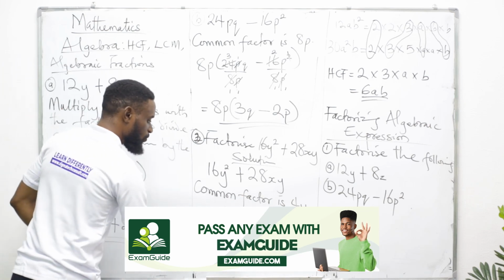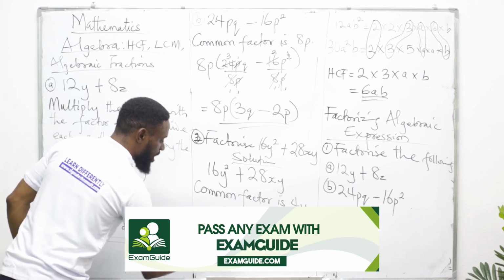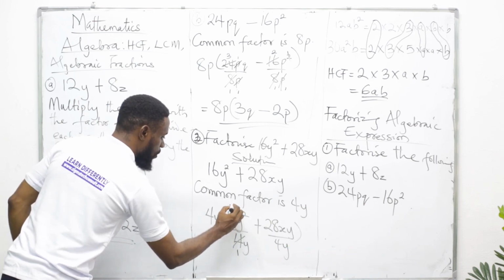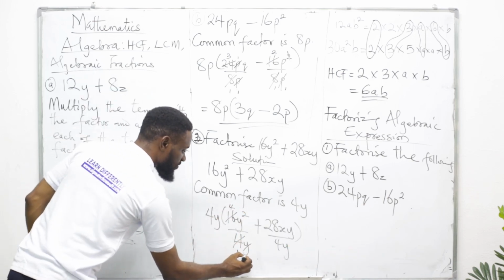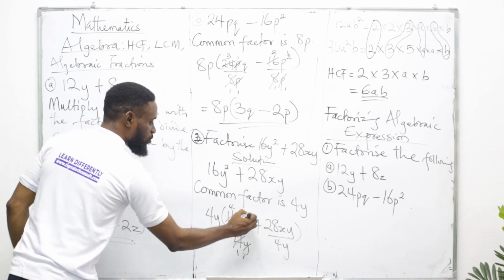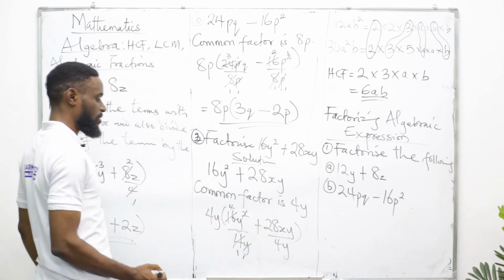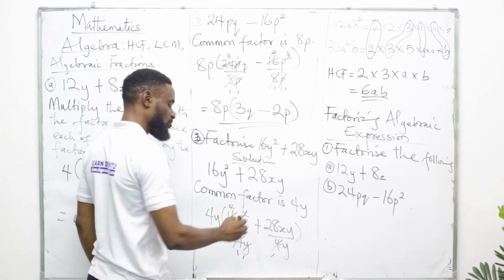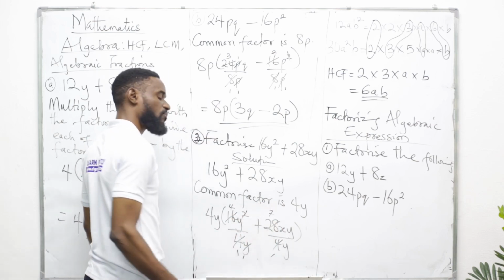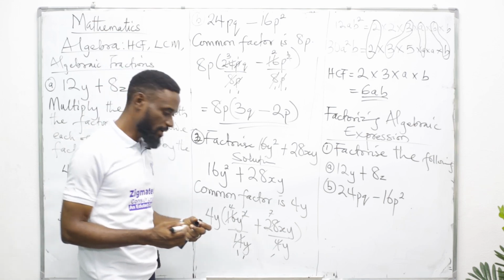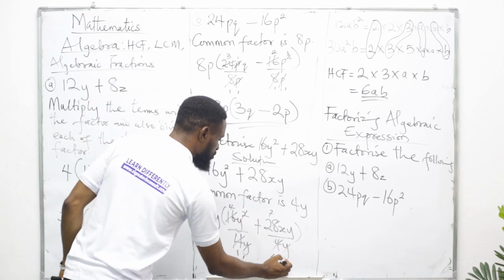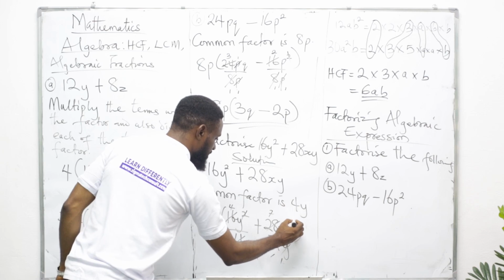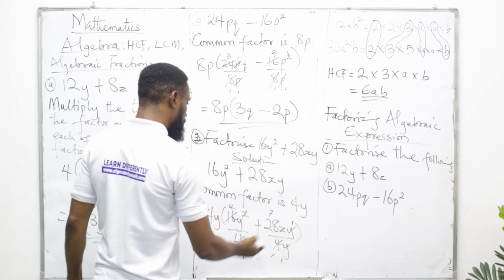So 4 into 16 is 4. Y into y squared will remove one of the y's there. Here, 4 into 28 will give us 7 because 7 times 4 is 28. Then y goes into itself is 1. So what do we have?